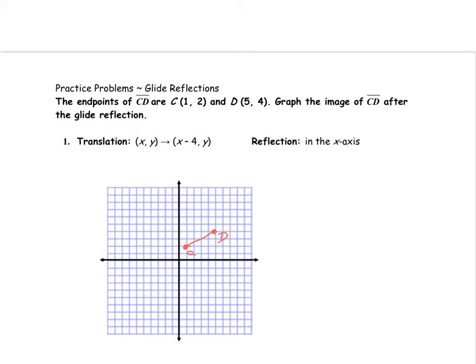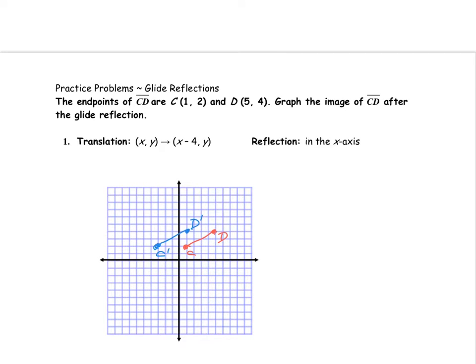Then we want to graph the image after the glide reflection. We're going to do the translation. We're going to move left 4, and the y value doesn't change at all. So we're moving to the left 4, and the y is not moving up or down at all. So that's our C prime, D prime.